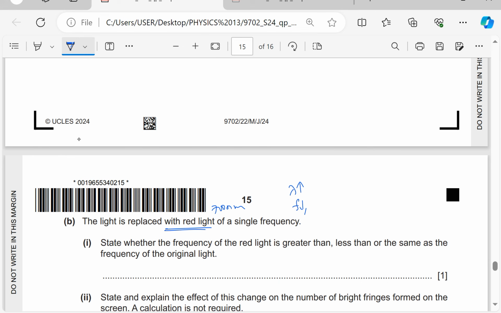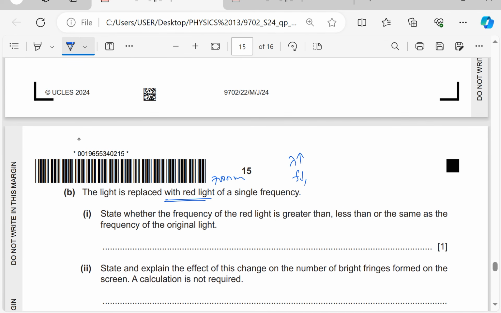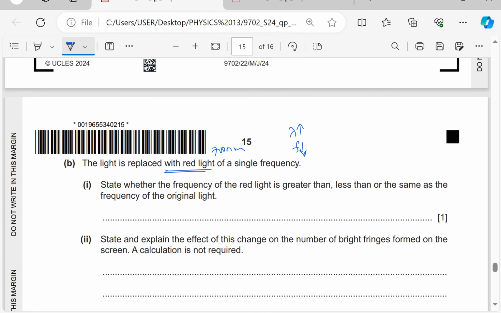State whether the frequency of red light is greater than, less than, or the same as the frequency of the original light. Red has a longer wavelength, therefore it has a smaller frequency. So that means the frequency is less than the original light.